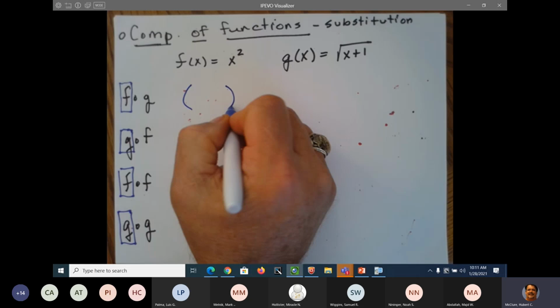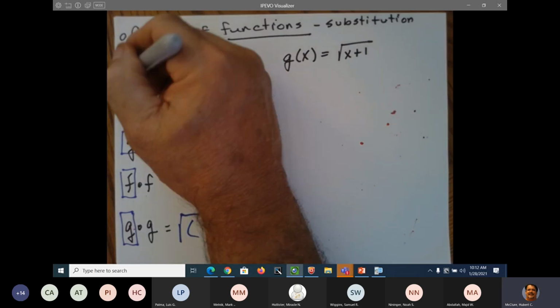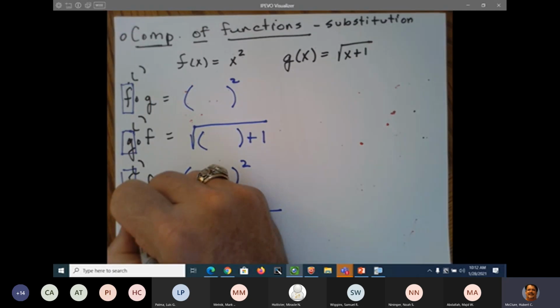So I just drew all my problems. This means draw a big set of parentheses for f. This says draw a big set of parentheses for g, f, and g.